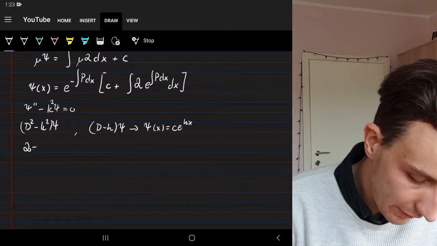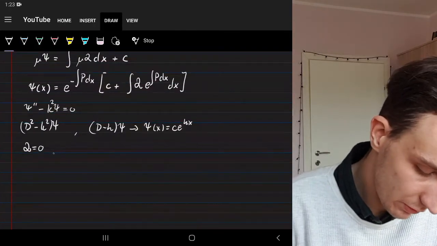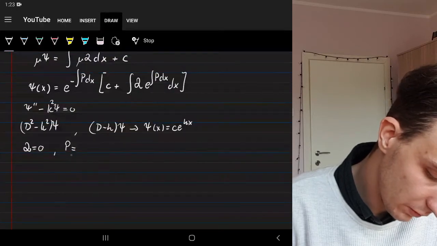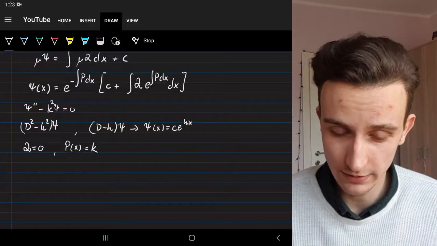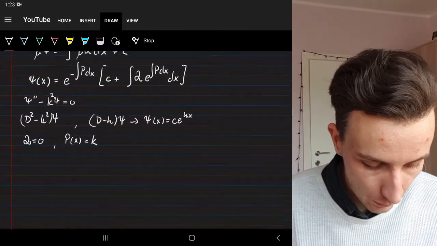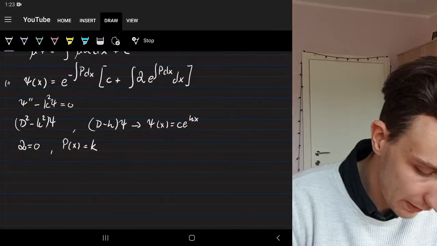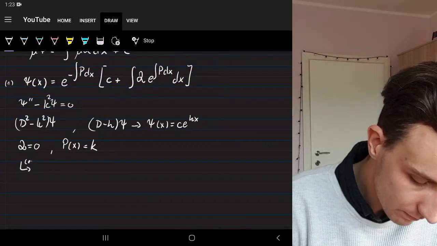With our formula, q is equal to 0 and p of x is equal to k, which is a constant. So p of x is constant. And we just plug that into 1.